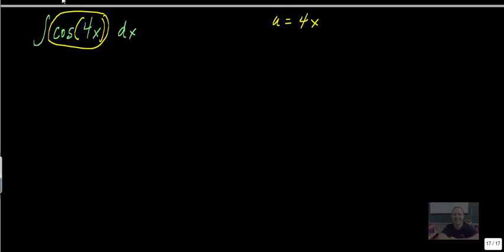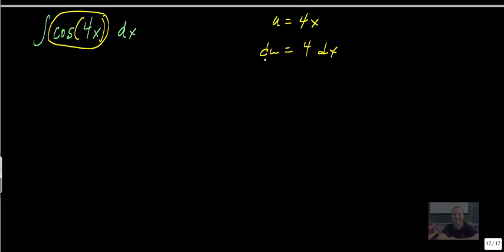Okay? So you have two layers. You have the outside layer and you have the inside layer. You want to make u your inside layer. Now, the derivative of u is 4 dx, right? And we don't have a 4 here, but that's no problem. One of you said that we could do this a bit differently.